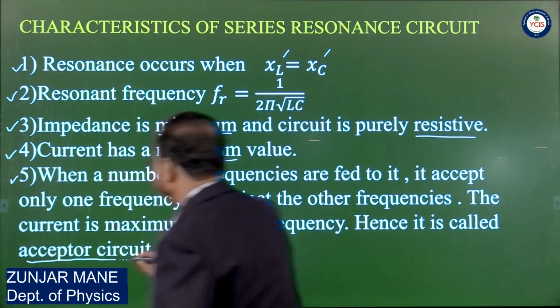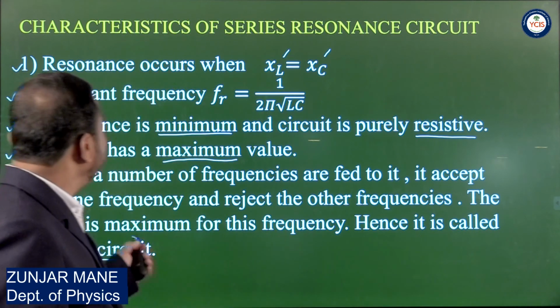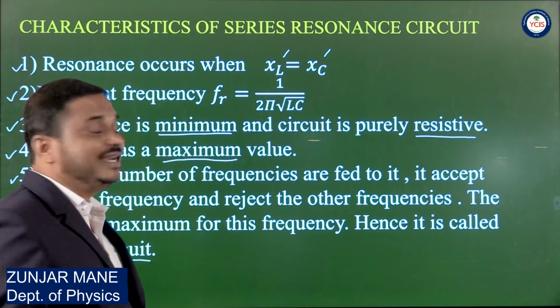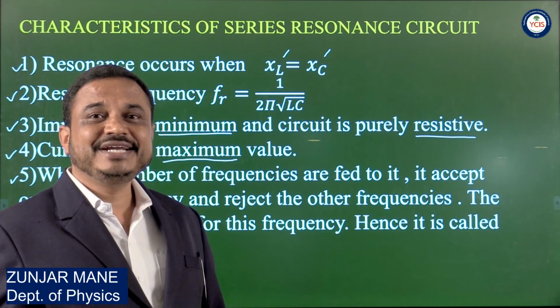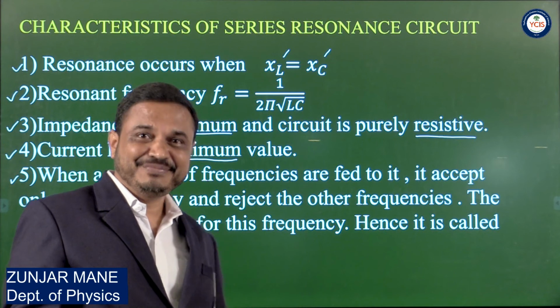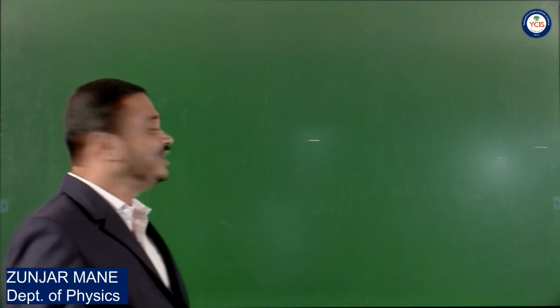Therefore this circuit is called an acceptor circuit. So these are the characteristics: at resonance Z equals R, E and I are in phase, Z is minimum, I is maximum, and FR equals 1 upon 2 pi under root LC.